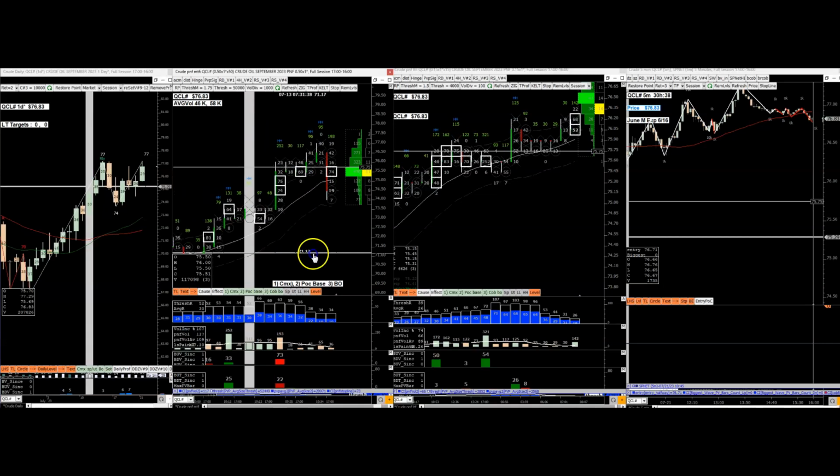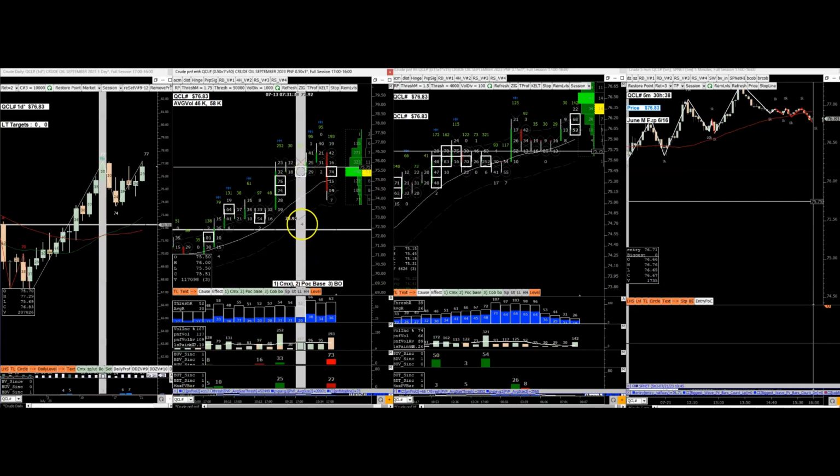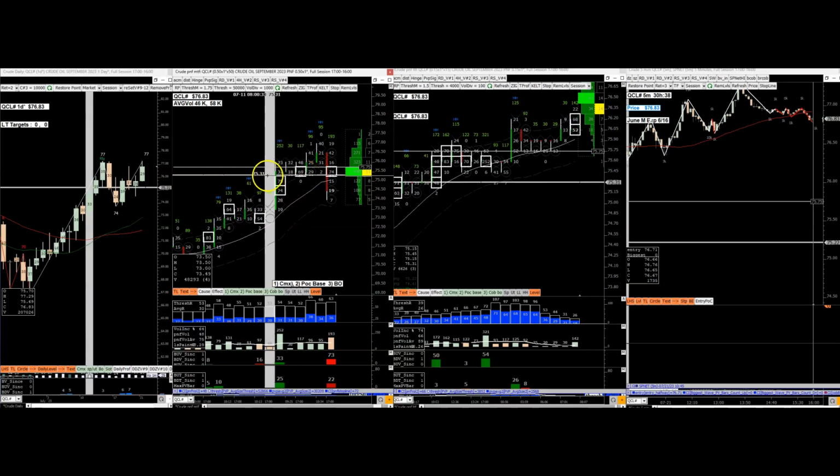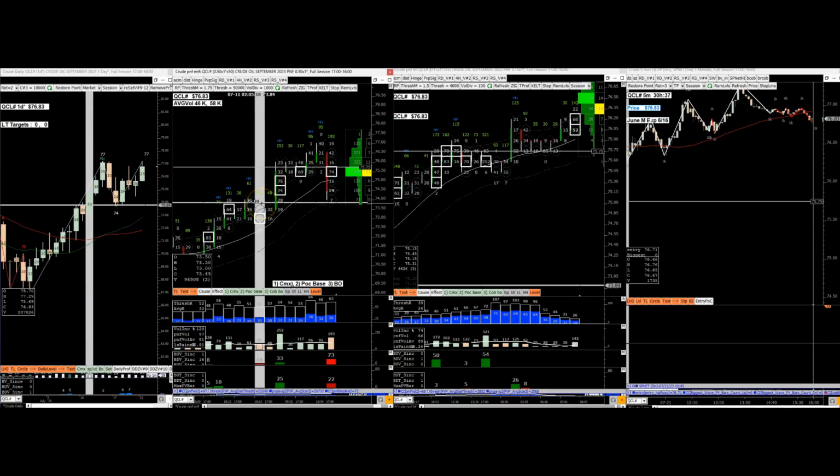We could also take a look at this one here, right? Because you see this is a breakout, this is a test of the breakout. So you would have a level here and a level there.